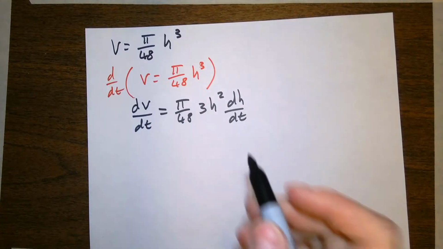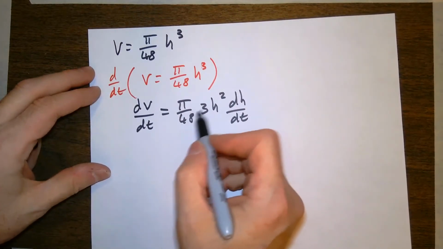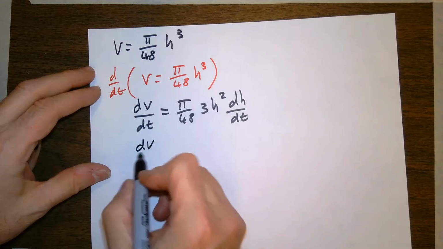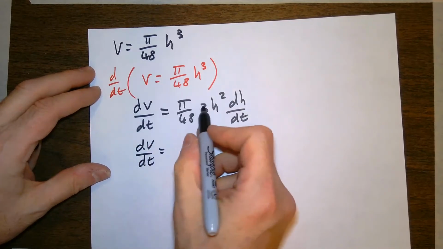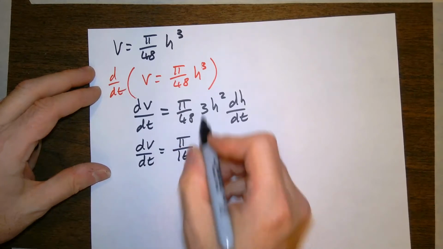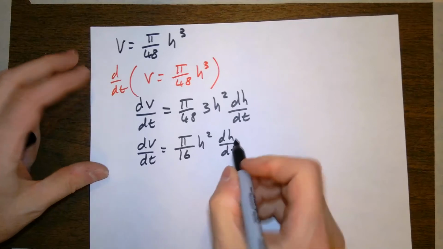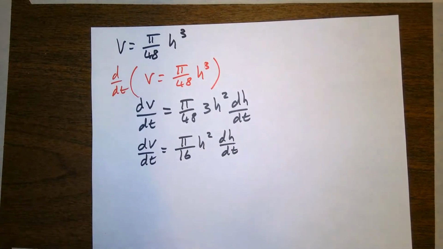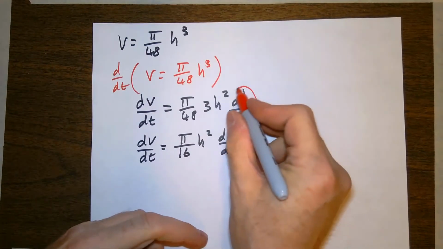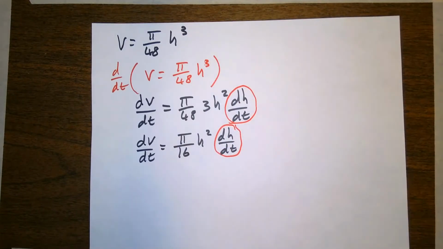All right, so let's see. Multiply. I can do some simplifying here. dv dt equals pi over 16 h squared dh dt. Again, I'm trying to solve for the dh dt. This is the thing that I'm trying to get alone. That's what I'm trying to find, the rate of change of the height over time.